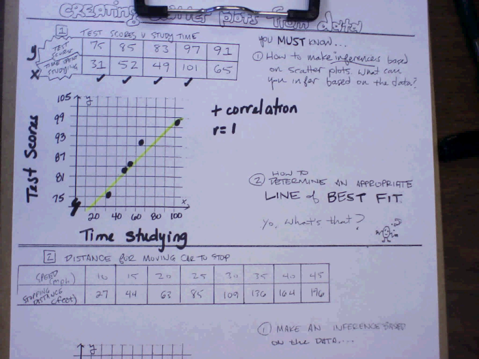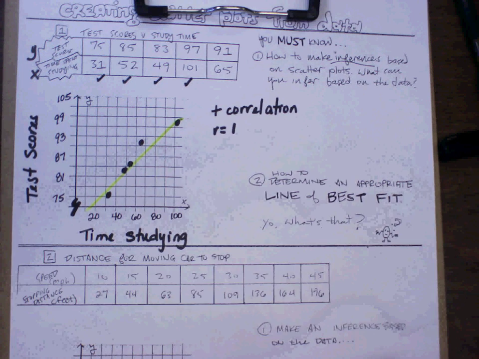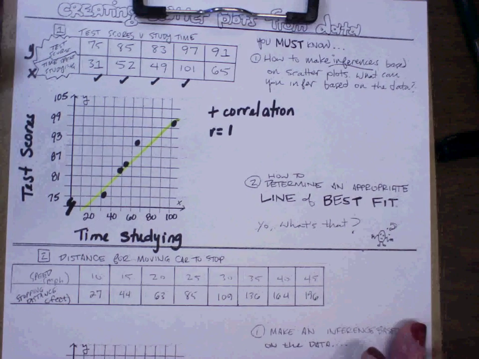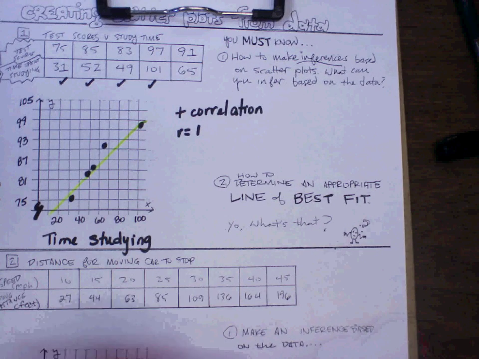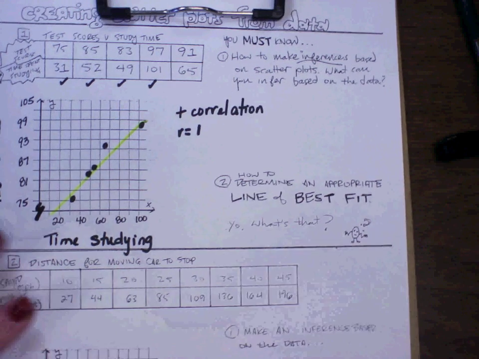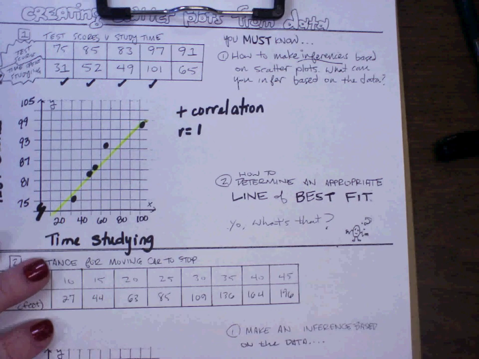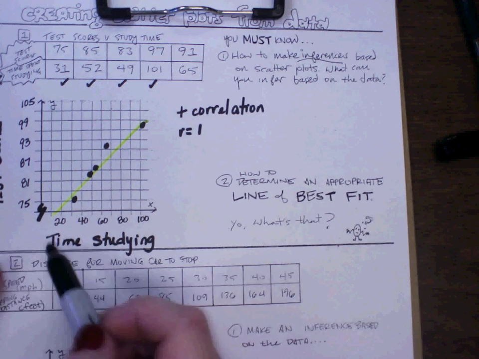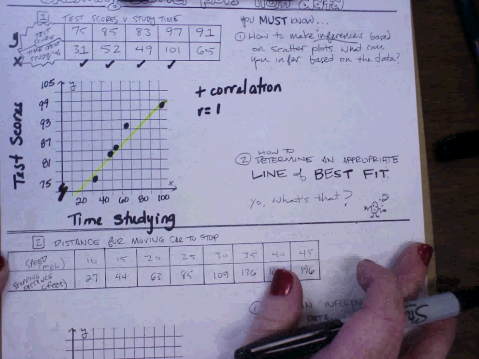What can I infer? So what does that mean? Okay, it's already over there. What other thing can I infer? Yeah, because the R is closer to 1. We already have that. What is it talking about?